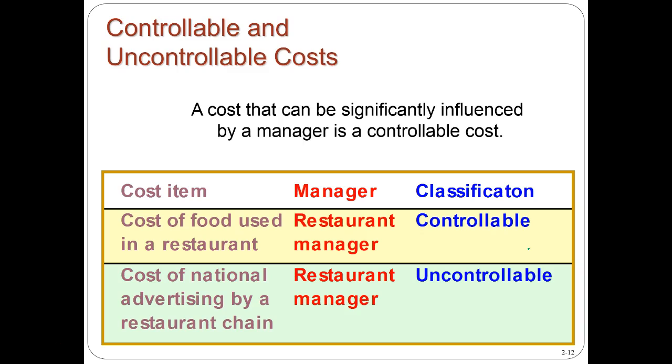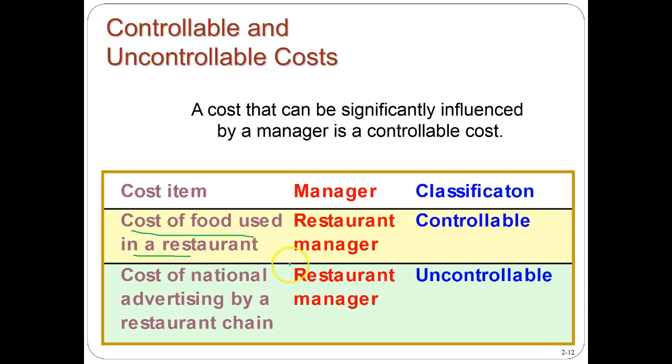But when we assess the performance of the department and the performance of the manager, it would be unfair to assess them on costs that they can have no control over. Therefore, we're going to try to break this out between costs that can be controlled and costs that cannot be controlled. So the cost of food used in a restaurant is controllable by the restaurant manager.